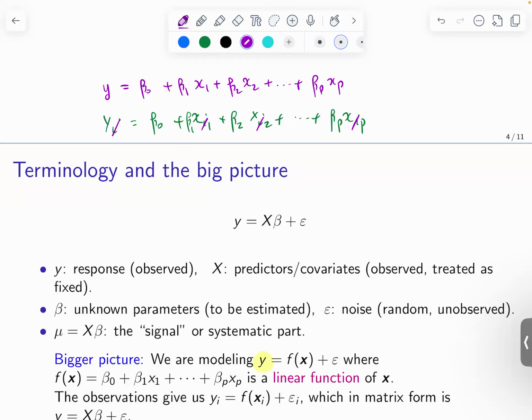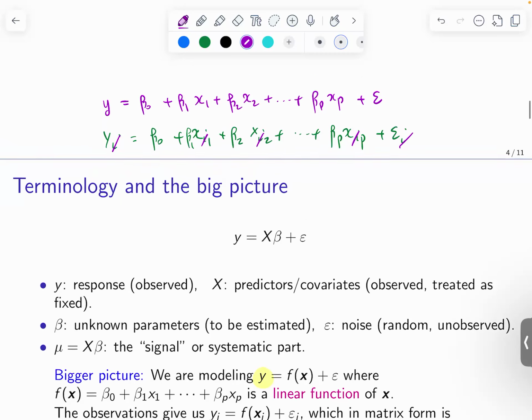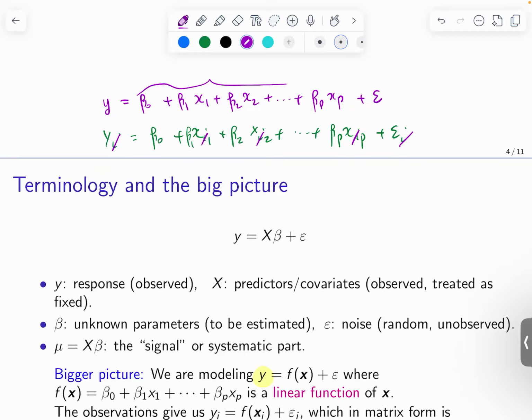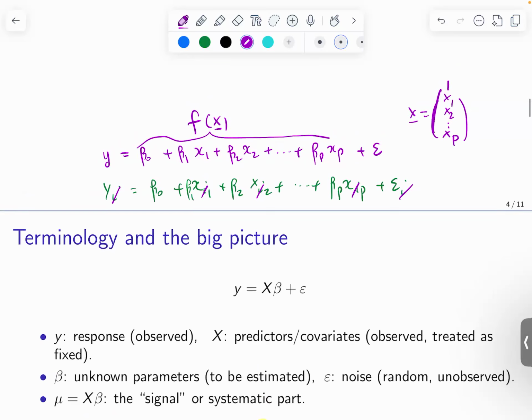Beta p x p, and this is going to be epsilon. So it used to be epsilon i when I drop i. So this is a generic observation, and this part I'm going to call f of x, and x here would be just x1, x2, up to xp. Or you could put 1 in it as well if you want, doesn't matter at this point.